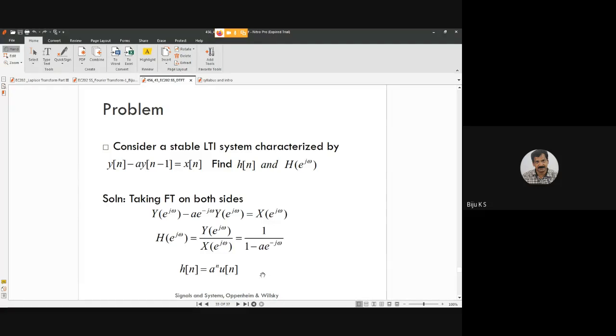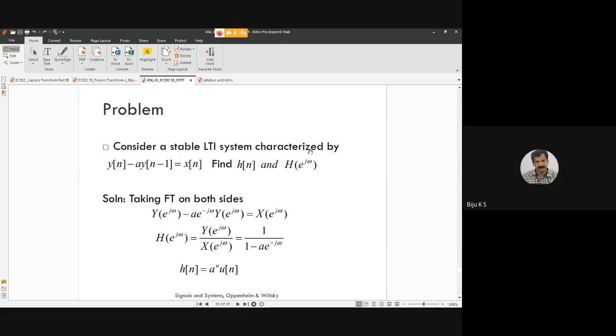Okay. So here we are looking for the frequency response of an LTI system. This is a difference equation. From this we can find H of e raised to j omega, for that taking the Fourier transform of both sides.